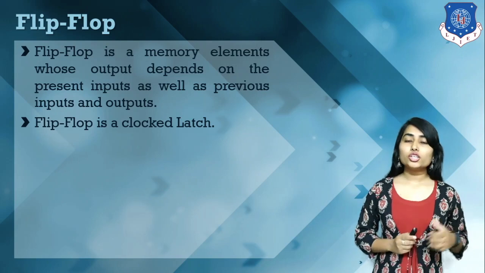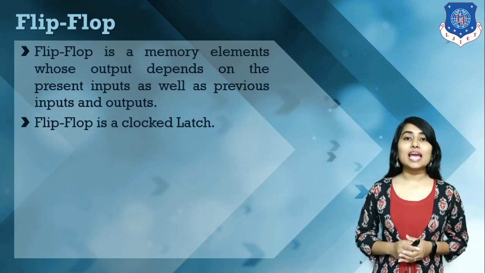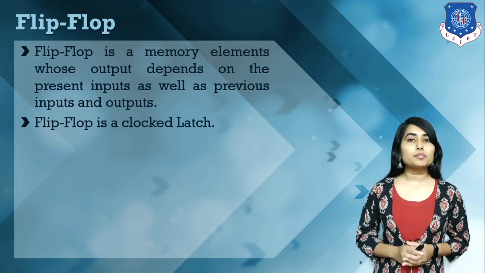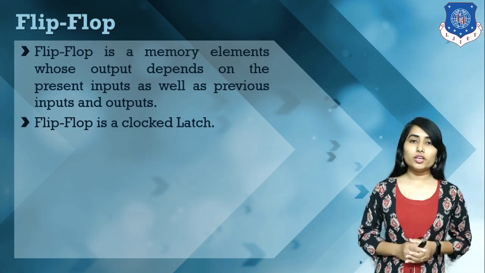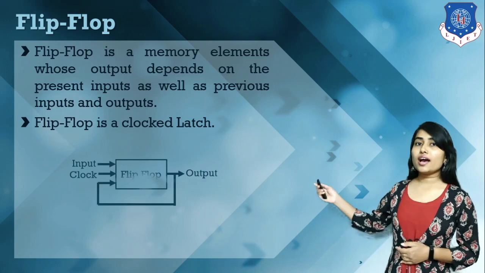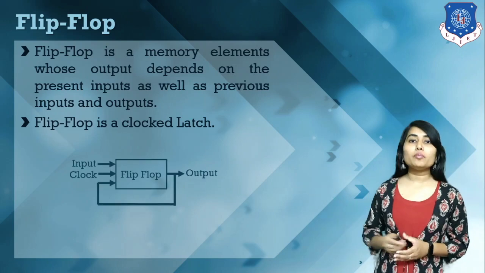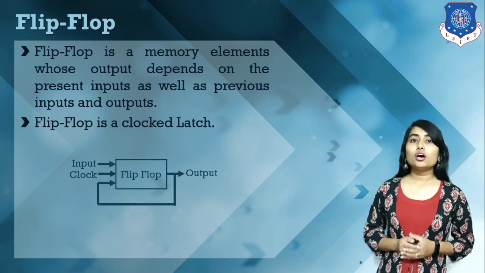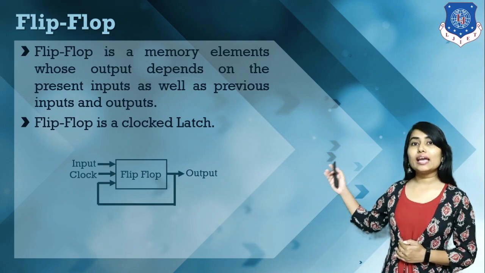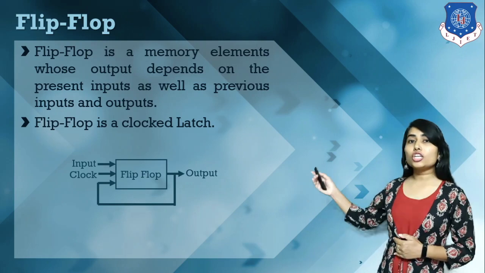So here using clocks, all the operations can be done in a synchronized manner. That's why in our flip-flops we have synchronized operations. Here we have a basic block diagram of flip-flops. This flip-flop has two inputs, present input and past output, and another input is the clock signal.